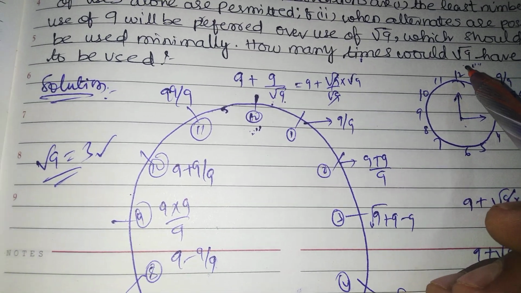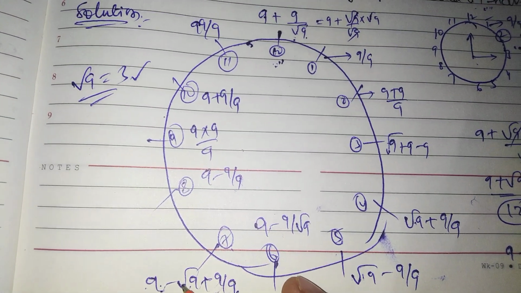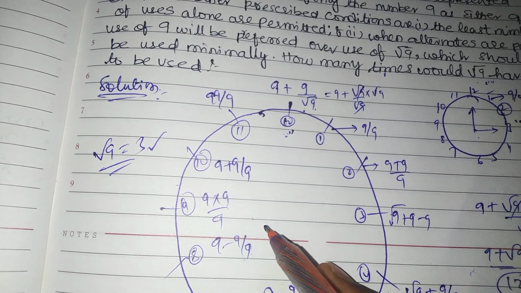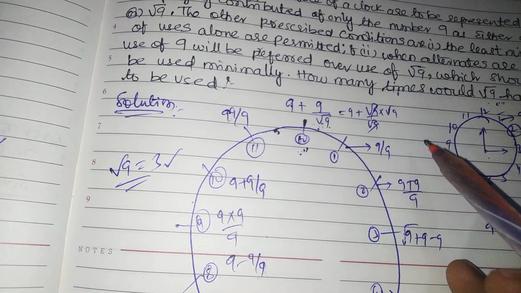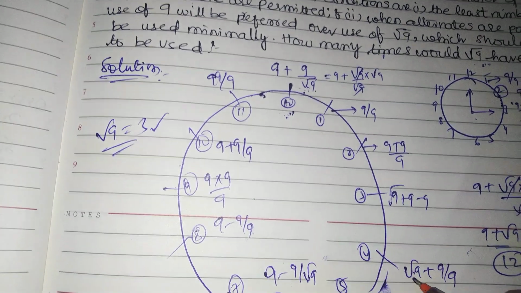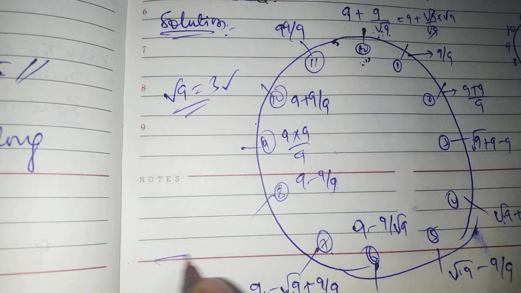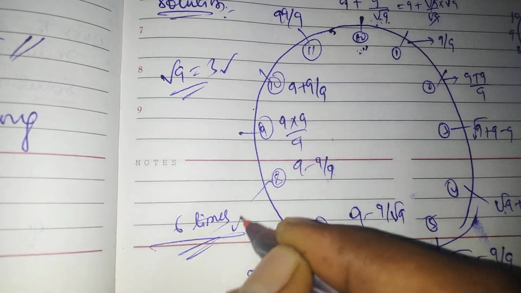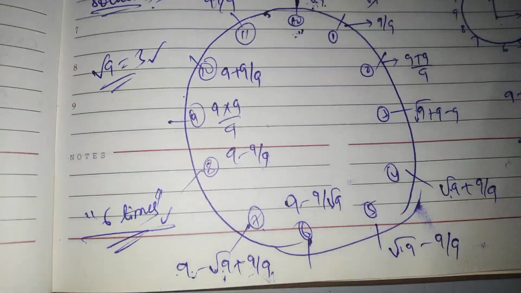Root 9: 1, 2, 3, 4, 5, 6. So the answer is simply 6 times. You got it? If any doubt, watch again. And thank you. We go for another question.